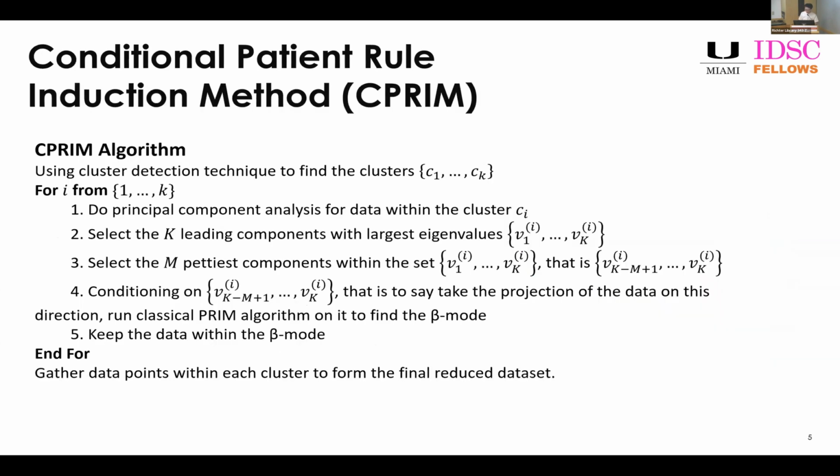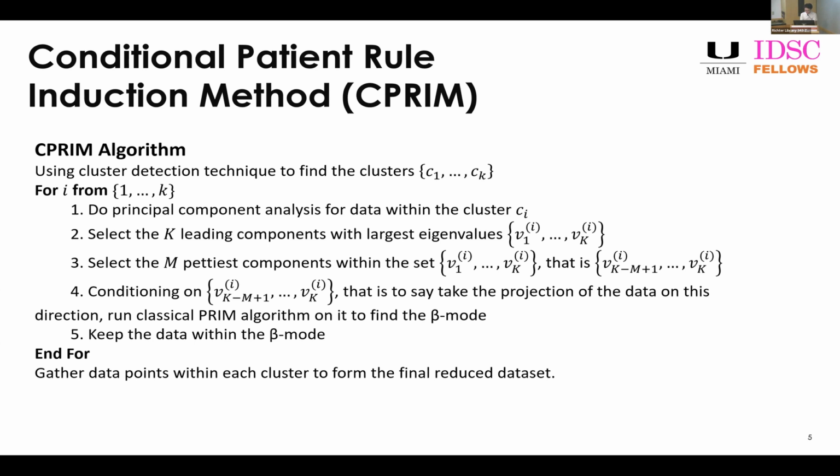And here comes my algorithm for the data reduction. I call it a conditional version of PRIM, the conditional patient rule induction method. We call it C-PRIM. The algorithm basically goes like this. Firstly, using some cluster detection technique, in our context just a spectral clustering technique, to find K clusters.